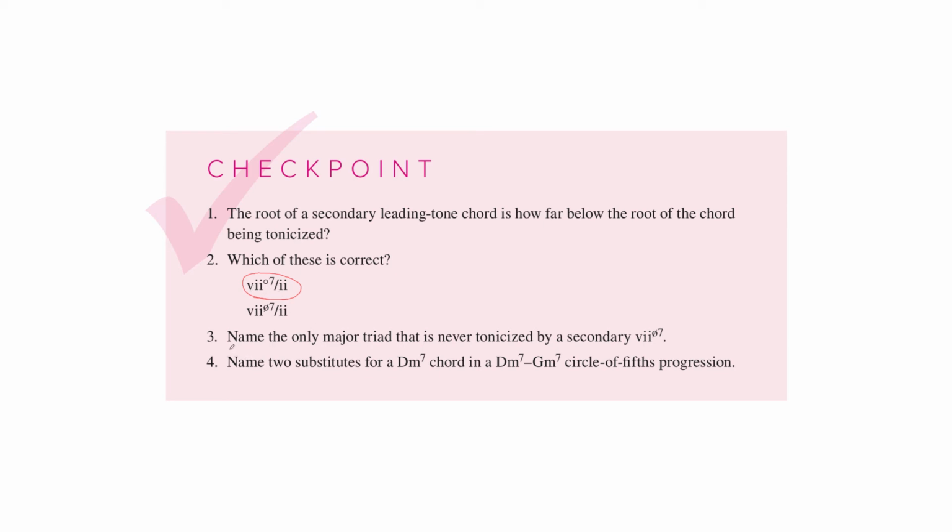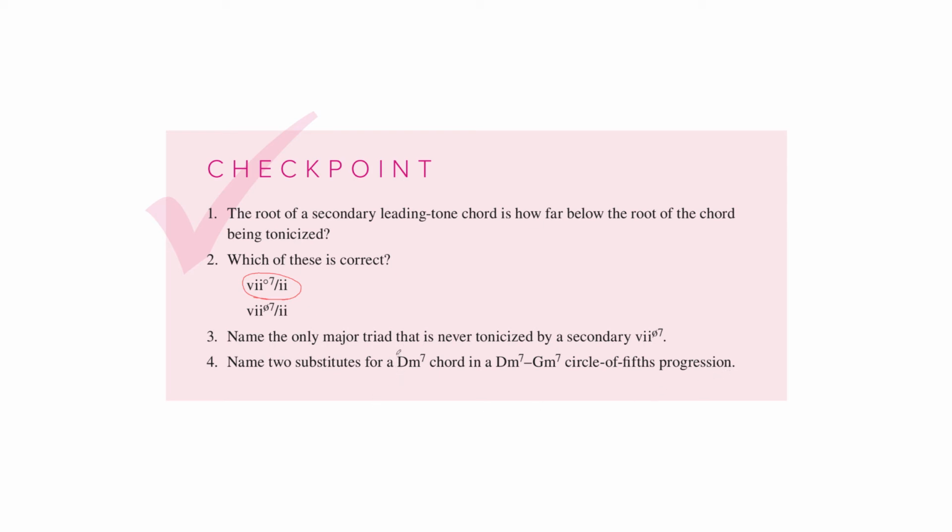The third question is a tricky question. Name the only major triad that is never tonicized by a secondary leading tone 7th. This is the tonic of a major key. Name 2 substitutes for a D minor 7th chord in a D minor 7th, G minor 7th circle of 5th progression.